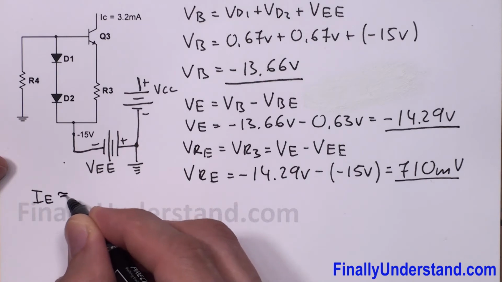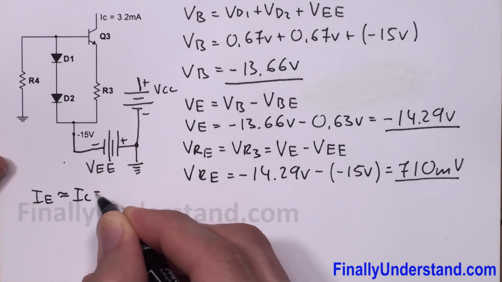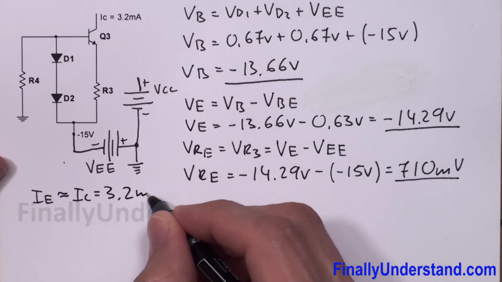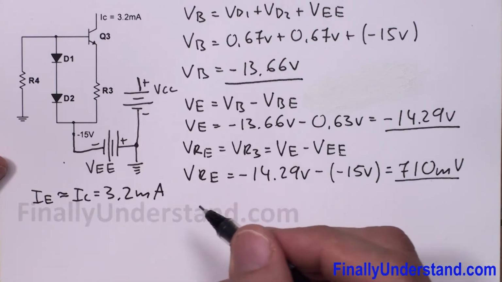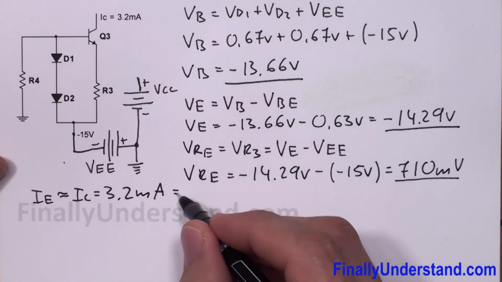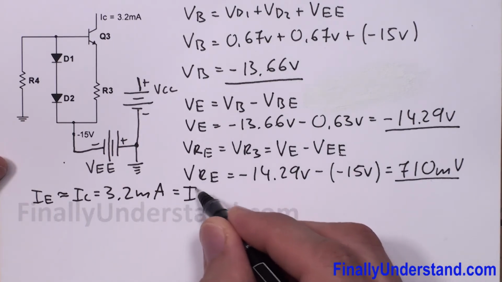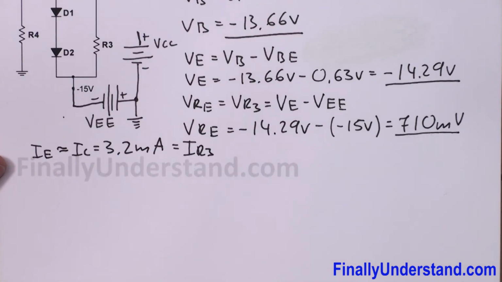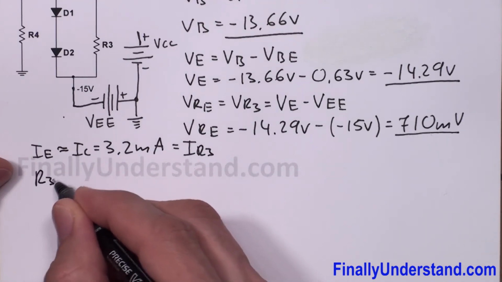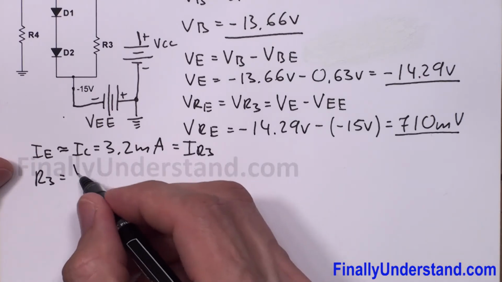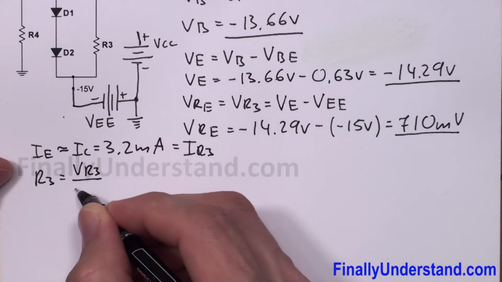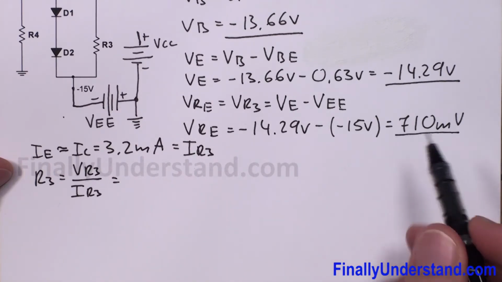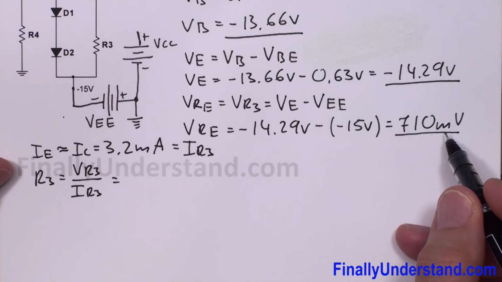IE is approximately equal to IC and it has a value of 3.2 milliamps. This is also my IR3. So I have R3 equal to VR3 over IR3, where VR3 we found is equal to 710 millivolts.